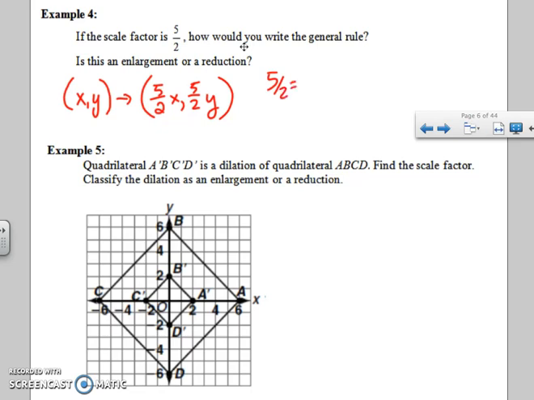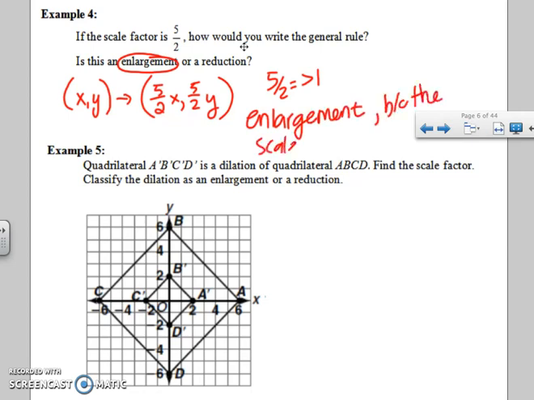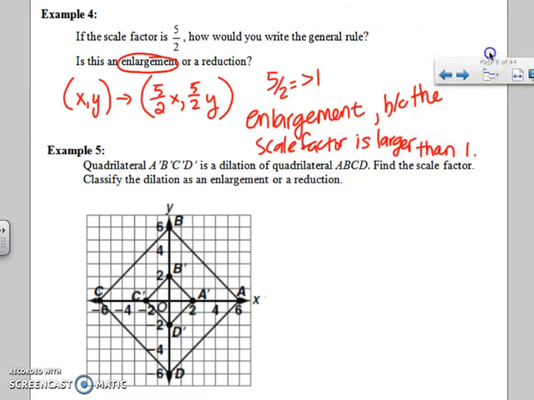So 5/2 we know is greater than 1, so that's going to be an enlargement, and you can say because the scale factor is larger than 1. Okay, so if you did maybe 1/2, that would be an example of a reduction because that scale factor would be smaller than 1. Okay, all right, example 5.